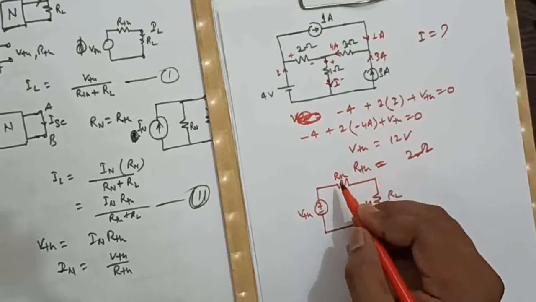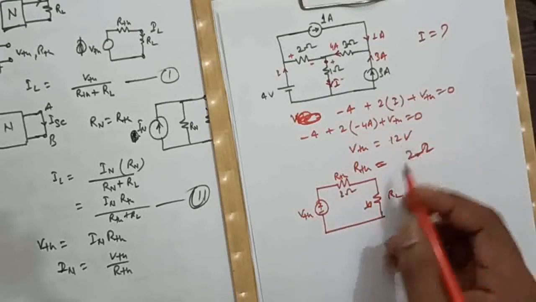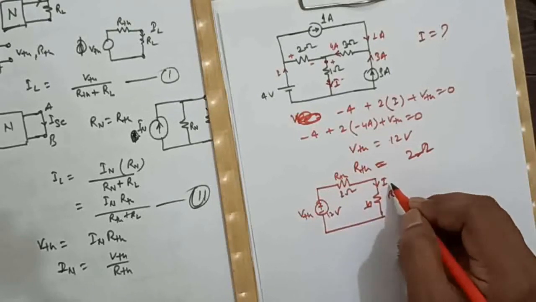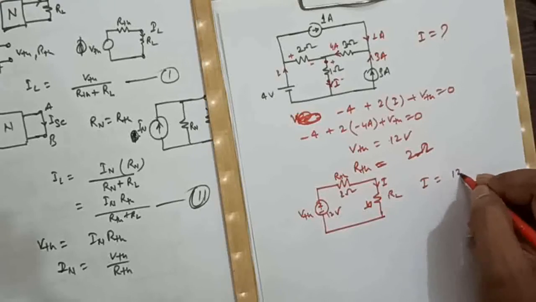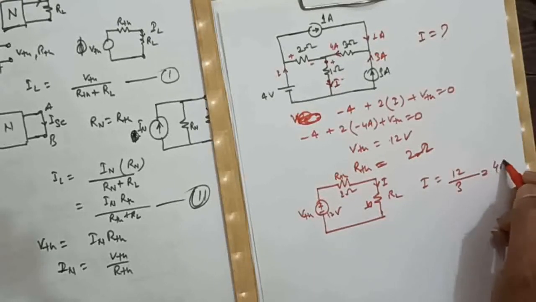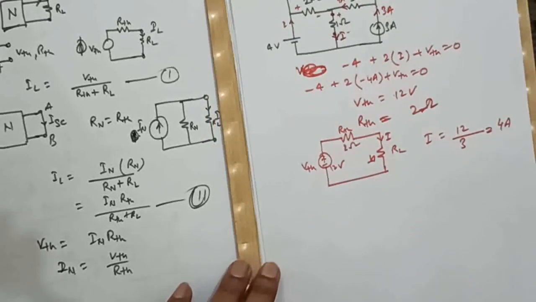We have calculated RTH as 2 ohm, calculated VTH as 12 volts. So this will be I. So now I will be what? 12 divided by 2 plus 1, so 4 amperes, right?